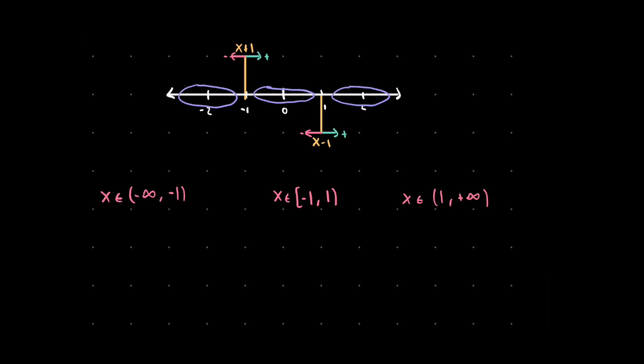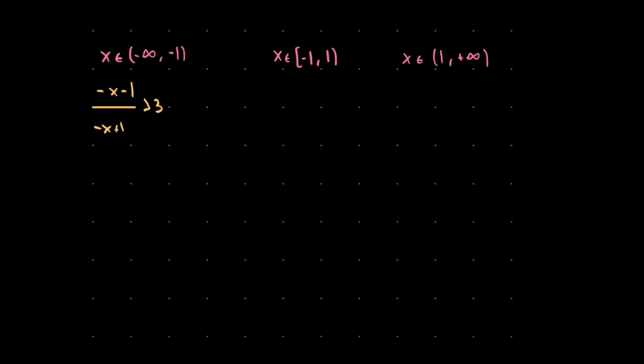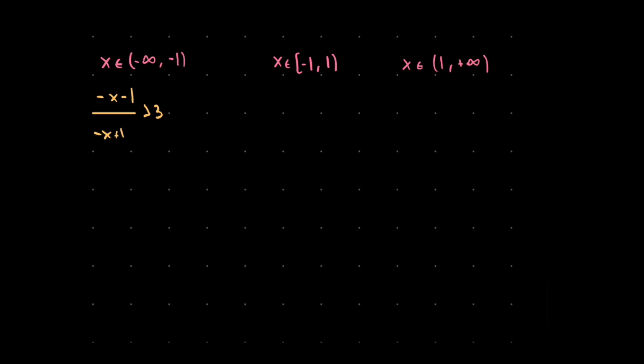For the first interval, both x plus 1 and x minus 1 are negative, so their absolute values will output their negations. We have minus x minus 1 all over minus x plus 1, and this has to be greater than 3. By rearranging, we get minus x minus 1 is greater than minus 3x plus 3.